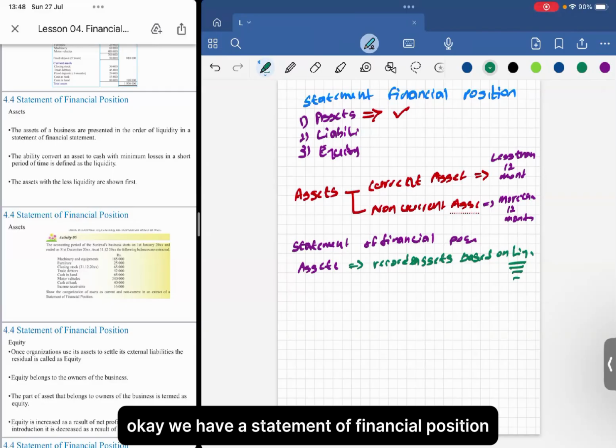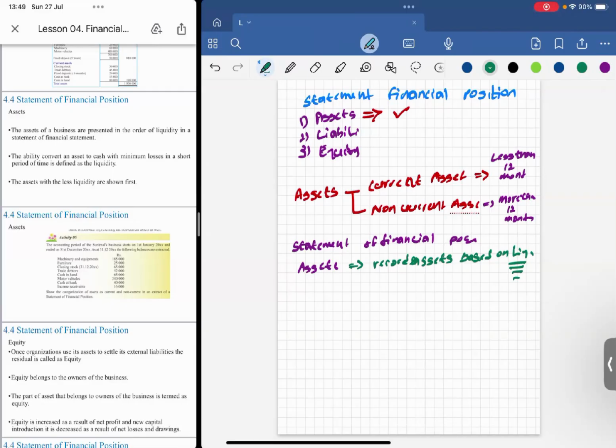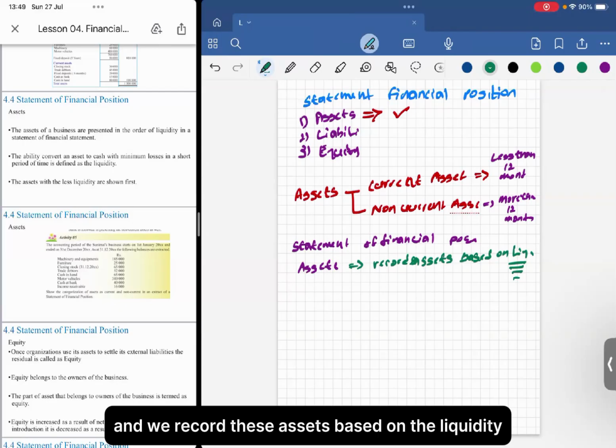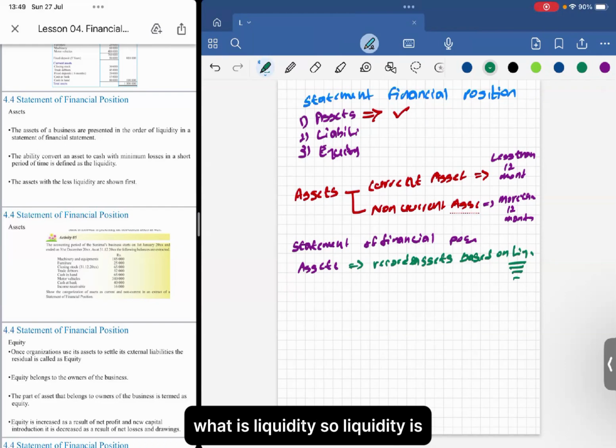We record the assets in the statement based on liquidity, so someone can ask, what is liquidity?